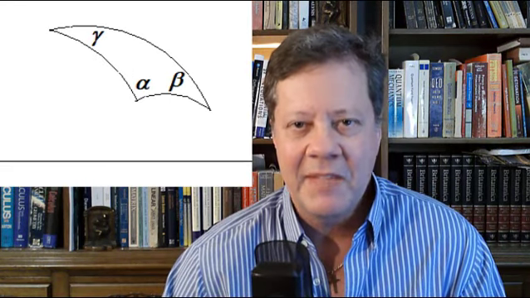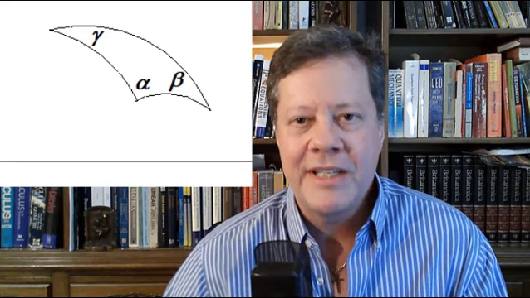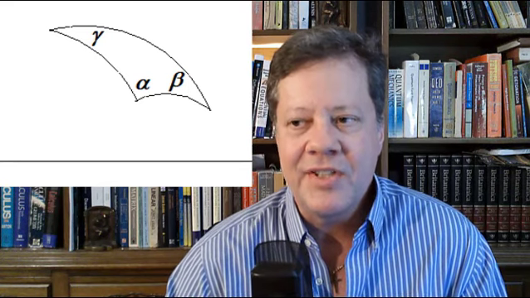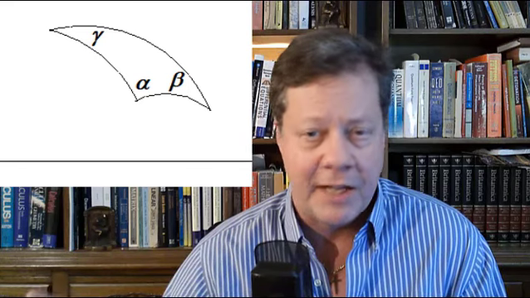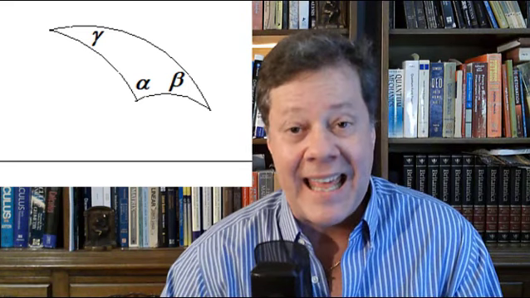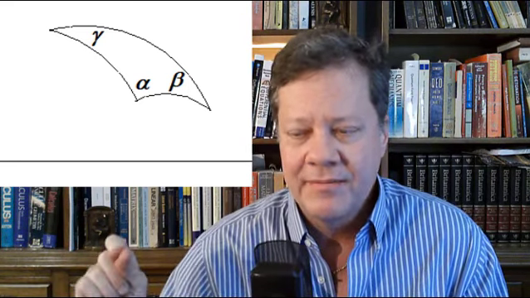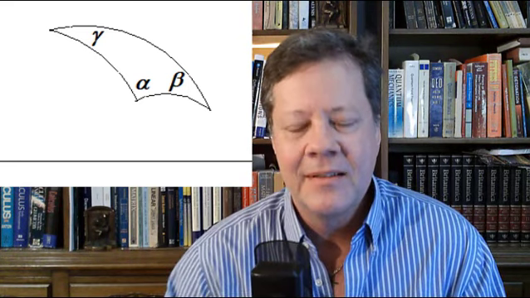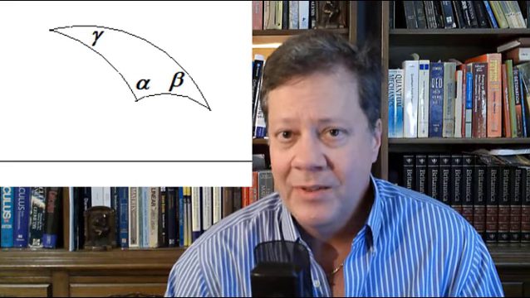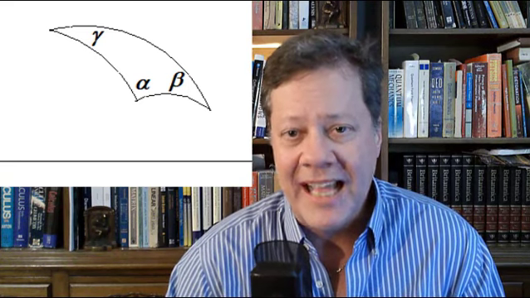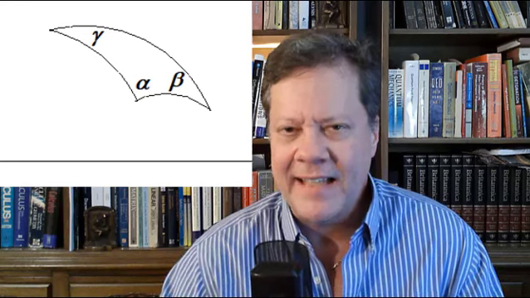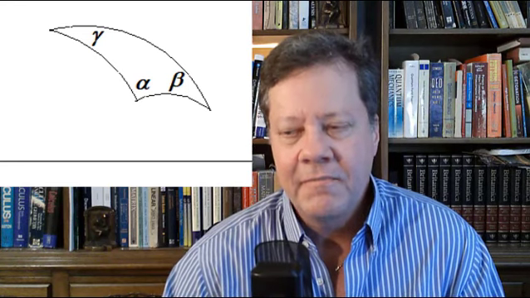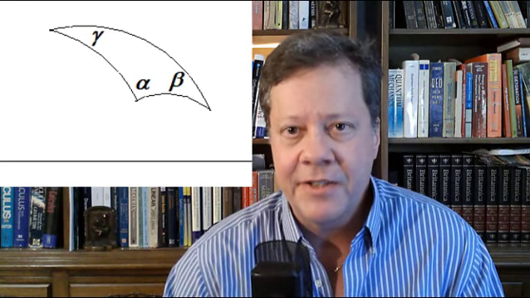In this way, we can form what are called geodesic triangles. These geodesic triangles will have angles alpha, beta, and gamma, and because they're a little bit pinched, it turns out that the sum of these angles, alpha, beta, and gamma, will be less than 180 degrees. That's characteristic of objects that have negative curvature.